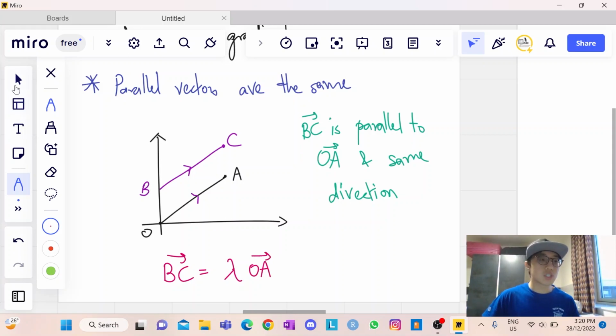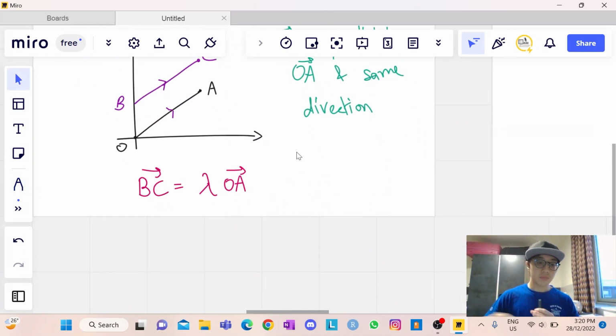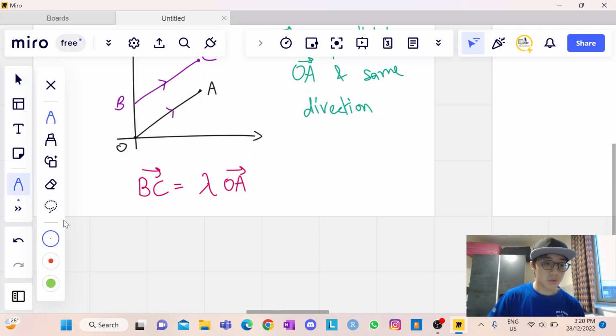This is just a random scalar multiple, where lambda is a scalar unknown.